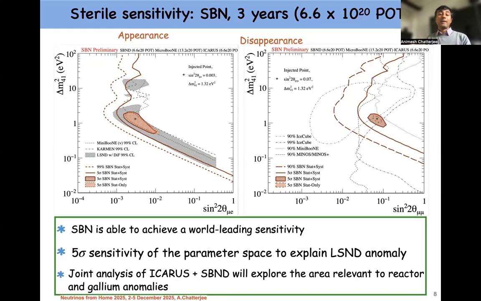Now, looking at the expected sensitivity from the experiments, including SBND, ICARUS, and combining the MicroBooNE results, for 3 years of operations it will be able to achieve a world-leading sensitivity, which will resolve the anomaly observed by LSND with a significance of 5 sigma. The joint analysis of ICARUS and SBND data will explore the area relevant to the reactor and the gallium anomalies as well.